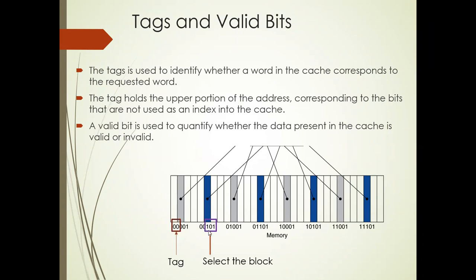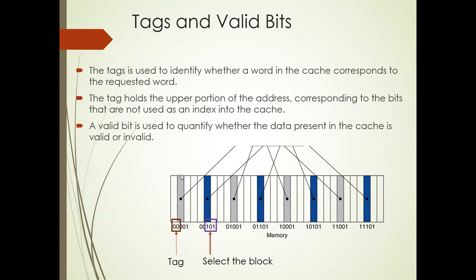The other part in here is identified as a tag. So the tag will be used to physically access the memory, and then you will copy this into the block. So this will be the address of the block, and in total you have to use the tag plus the address of the block to find the exact address of the variable in the memory.